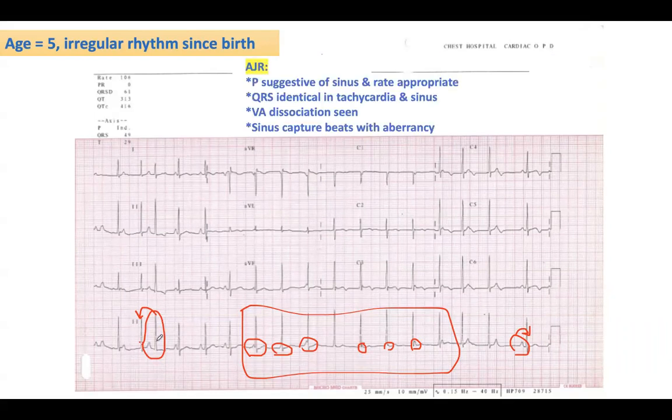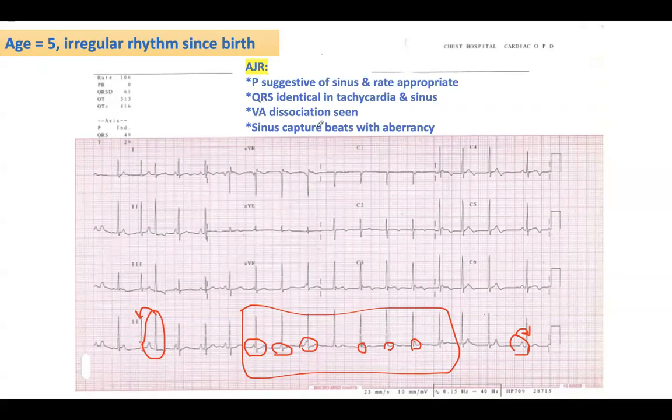So this patient had congenital, at some point, faster junctional rhythm, but now on drugs, he has accelerated junctional rhythm.